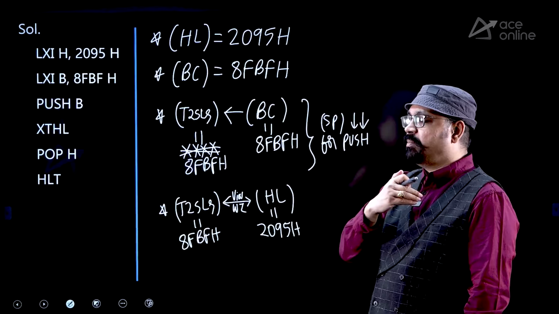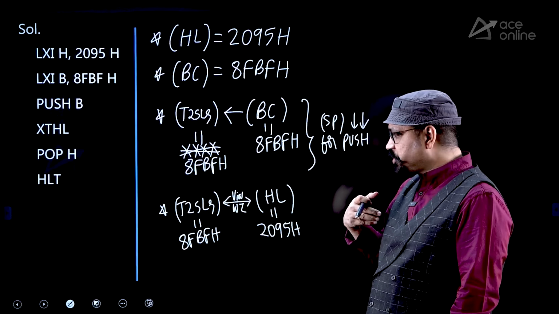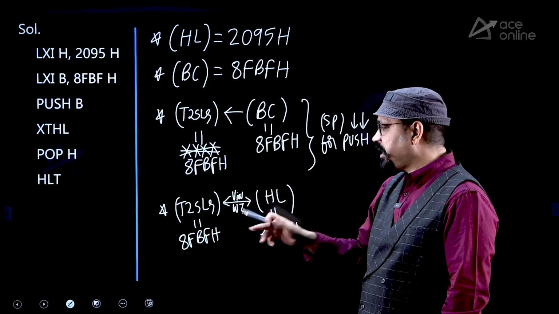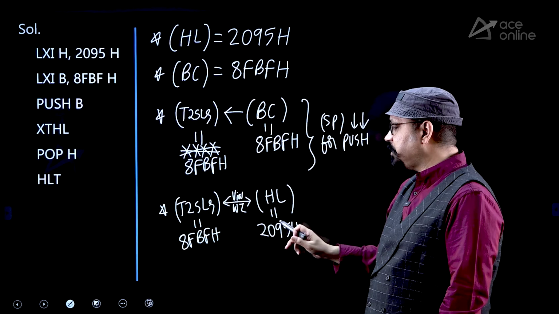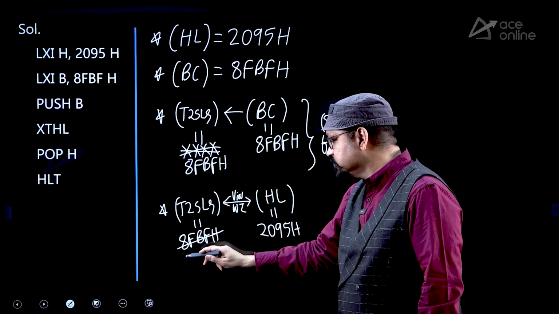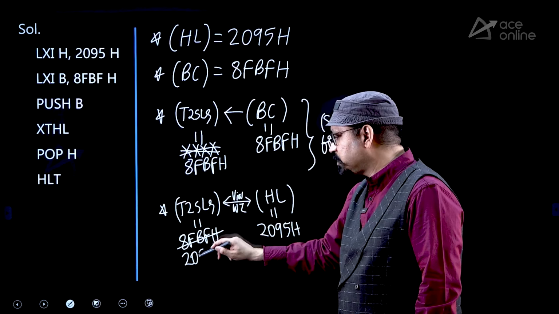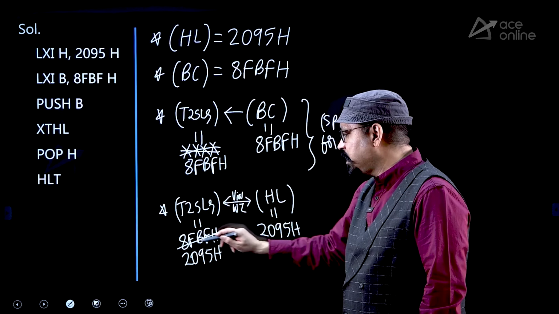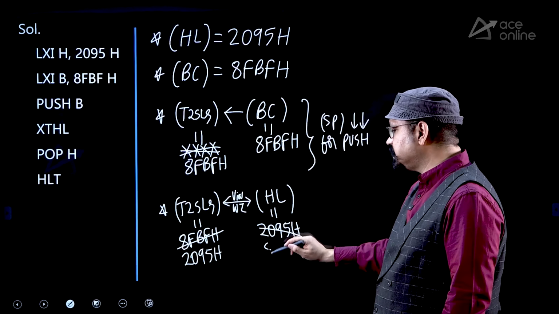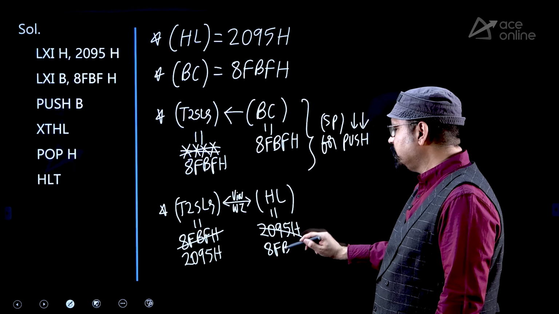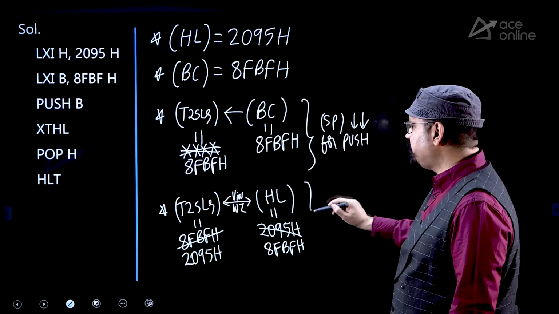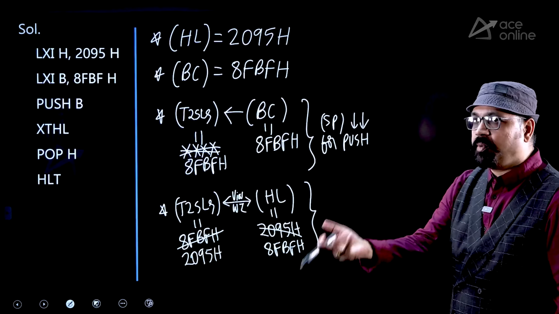So first pop into WZ, then push HL pair. When it is pushing, it will move the content of WZ into this. So finally 2095 comes here, that is what is exchanging. And 8FBF will come here. So pop happens, then push happens, that is pop followed by push.